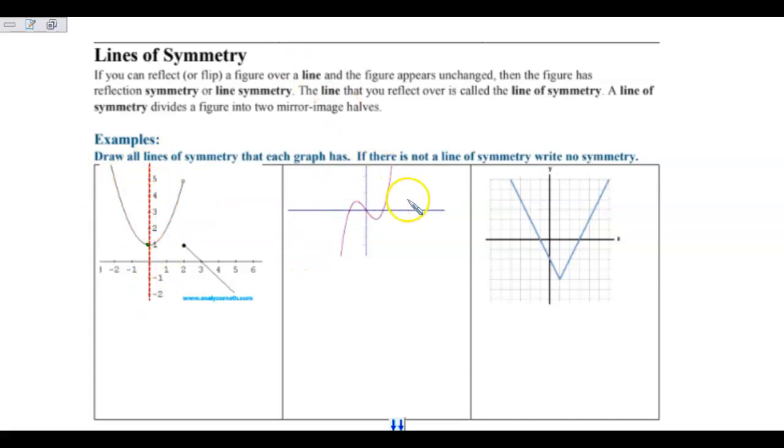When I look at this one and I want to try to determine if I can create a mirror image, one way of doing it is to look for a point where you can flip it. And if I flip that, I don't get a mirror image. If I draw a line here, oh, that's not going to work. Let's move it.